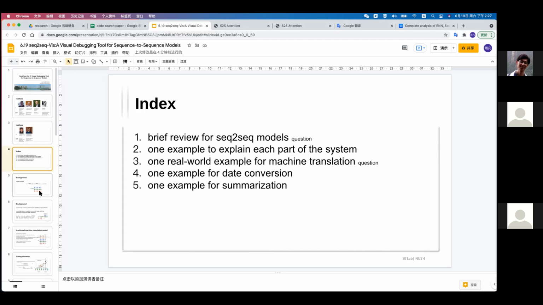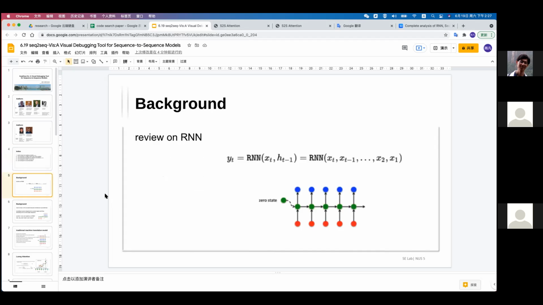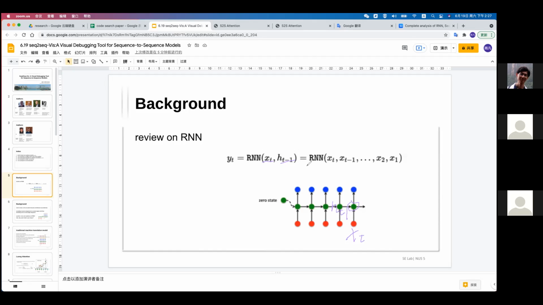Okay, first we have a short review of the recurrent neural network. For one neuron, we have 2 inputs. The first input is xt, the input at time step t, and the second is ht minus 1, the hidden state from the previous time step.